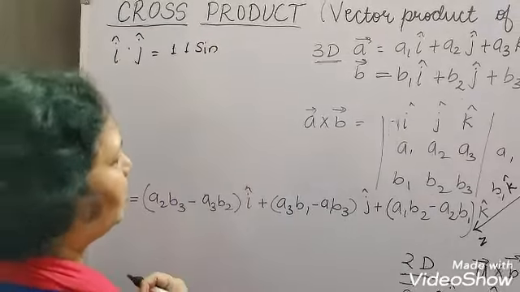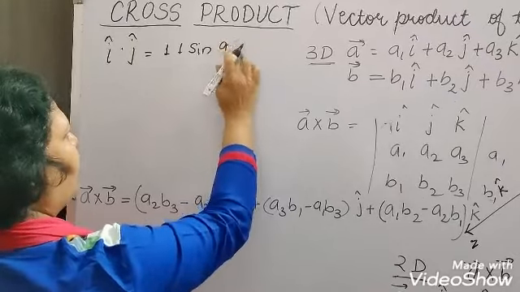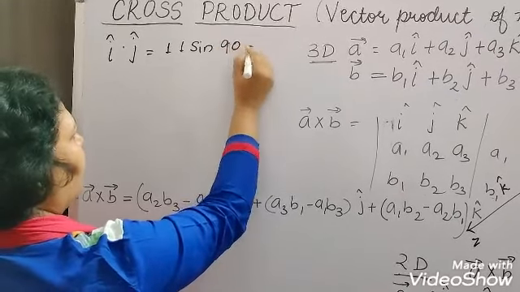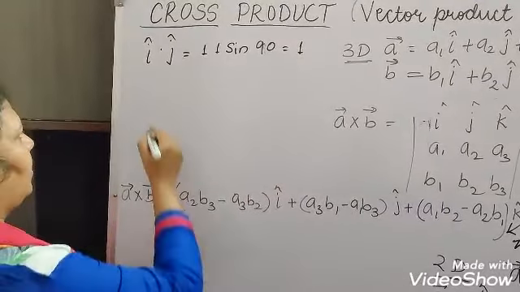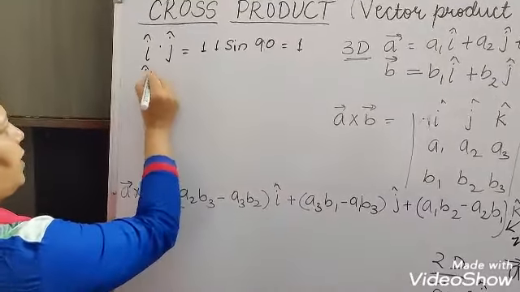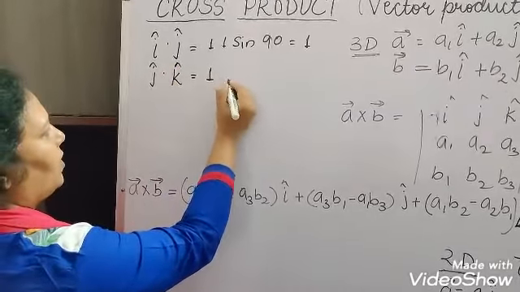That sine theta is sine 90 here, so the value will come 1. And if I am taking j dot k, similarly I will get 1 here.